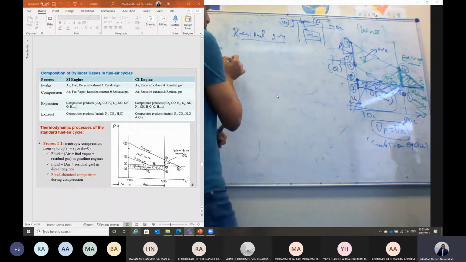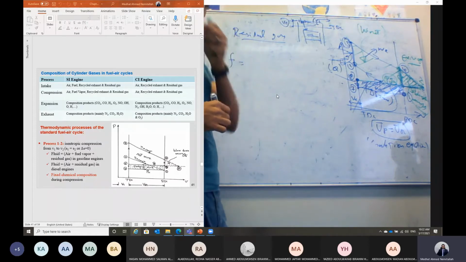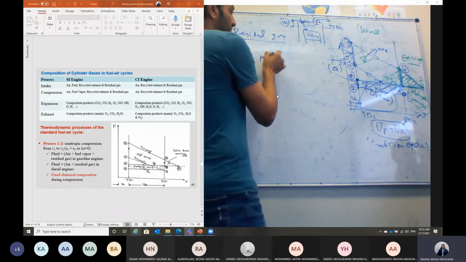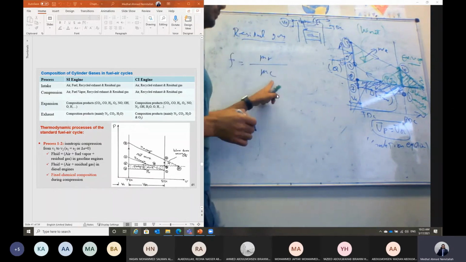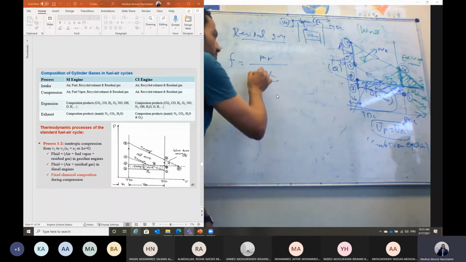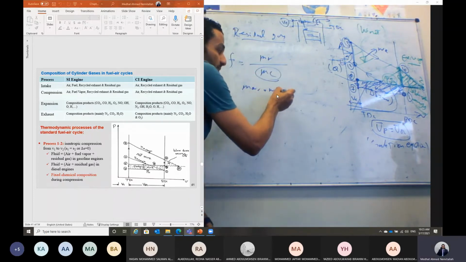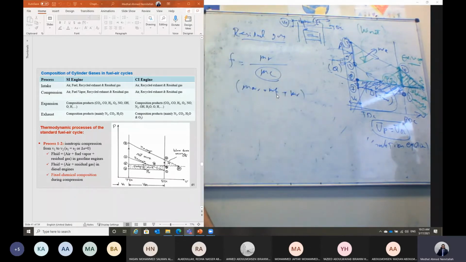We have to define actually the residual gas fraction, which we give the symbol F or XR. F in this case is the ratio between the mass of the residual gas divided by the total mass of charge, which is mass of air plus mass of fuel plus the mass of the residual gas. Okay?